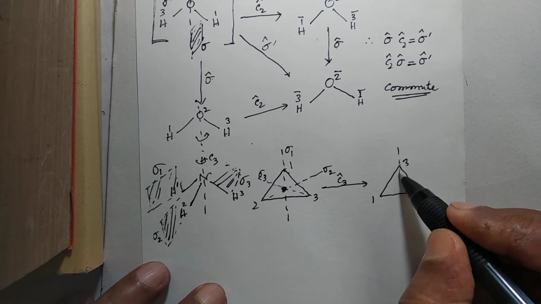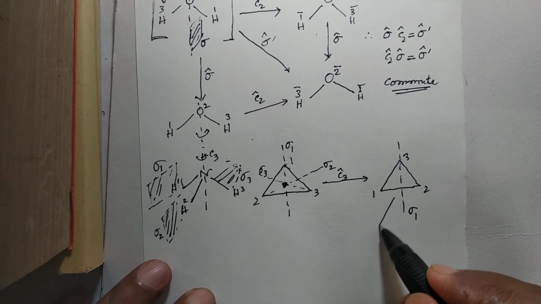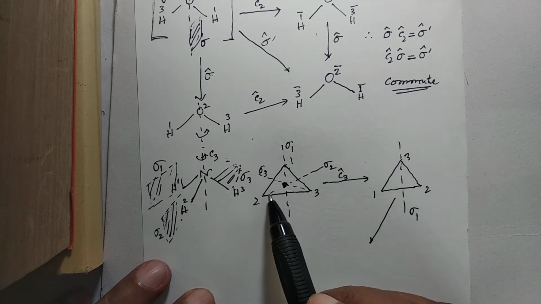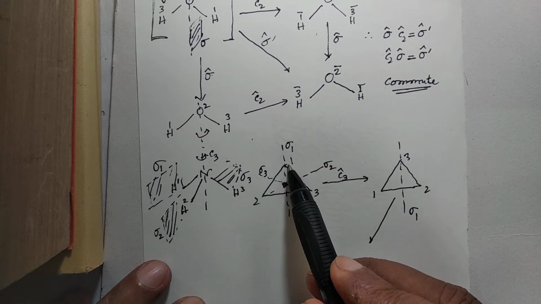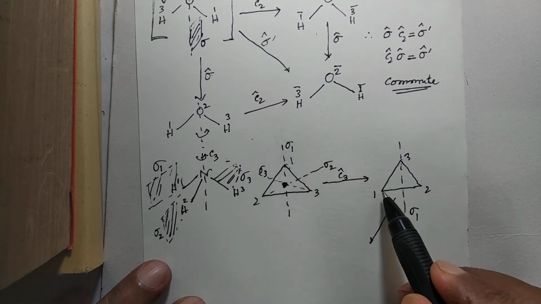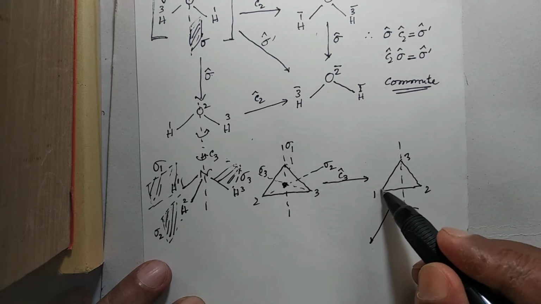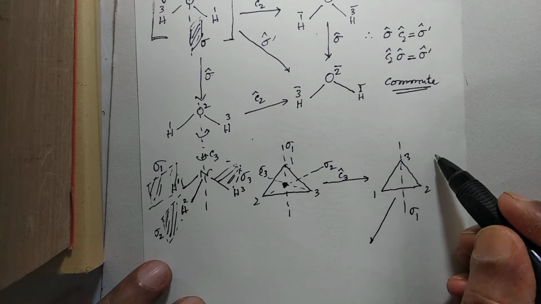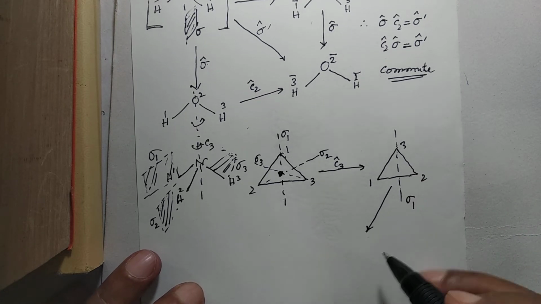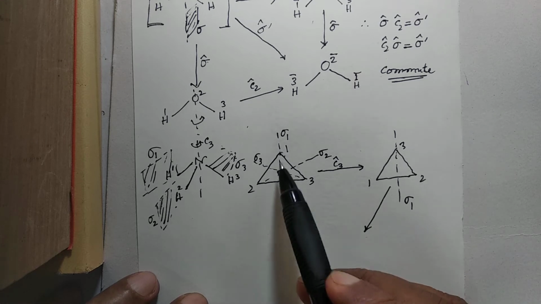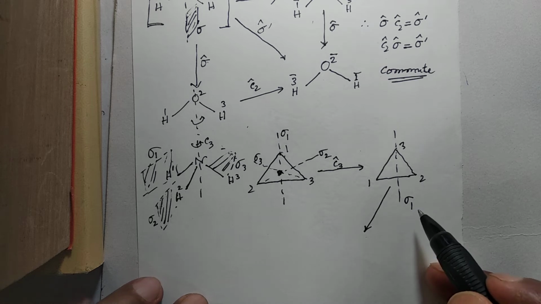This is the sigma 1 plane. If you think that since atom 1 has moved here, sigma 1 plane also has moved here, and you draw a sigma 1 plane in this manner, then you will get a confusing result. Remember that the symmetry elements do not move when symmetry operation is carried out.